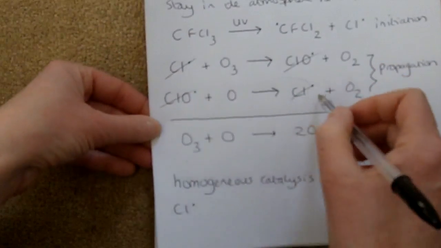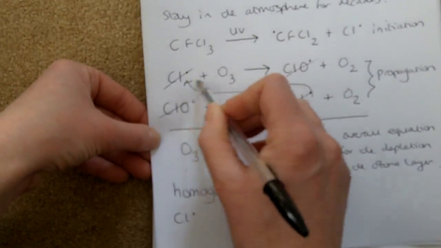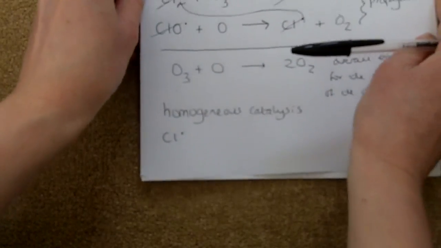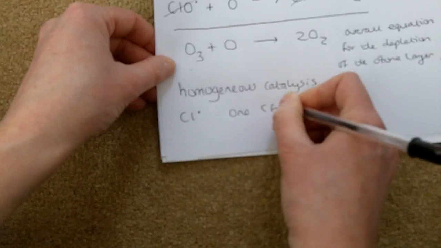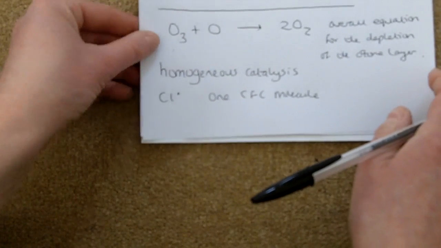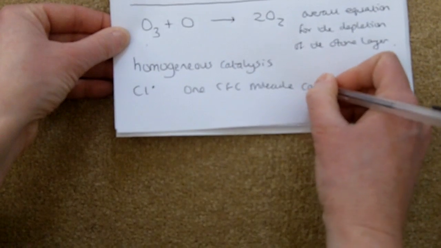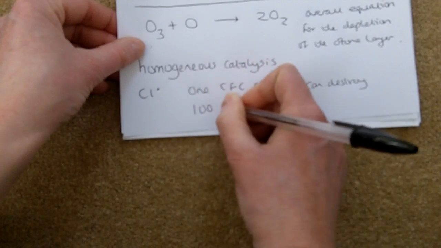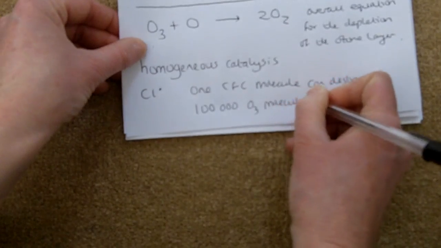The chlorine radical that is generated can just go and break down another ozone molecule. It's been calculated that one chlorofluorocarbon molecule can destroy 100,000 ozone molecules, which is a really scary thought.